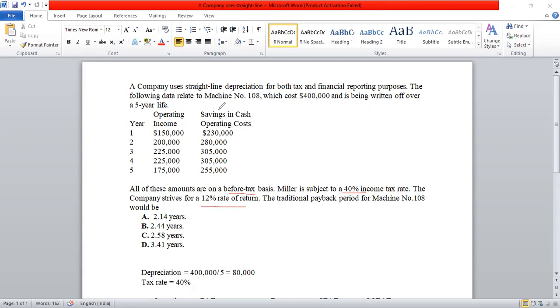So this set of income as of now becomes irrelevant. Only savings in cash operating costs are given, so maybe we would start with that. But finally the operating income is already calculated and provided to us, so we don't have to take the third column at all, so that becomes irrelevant.